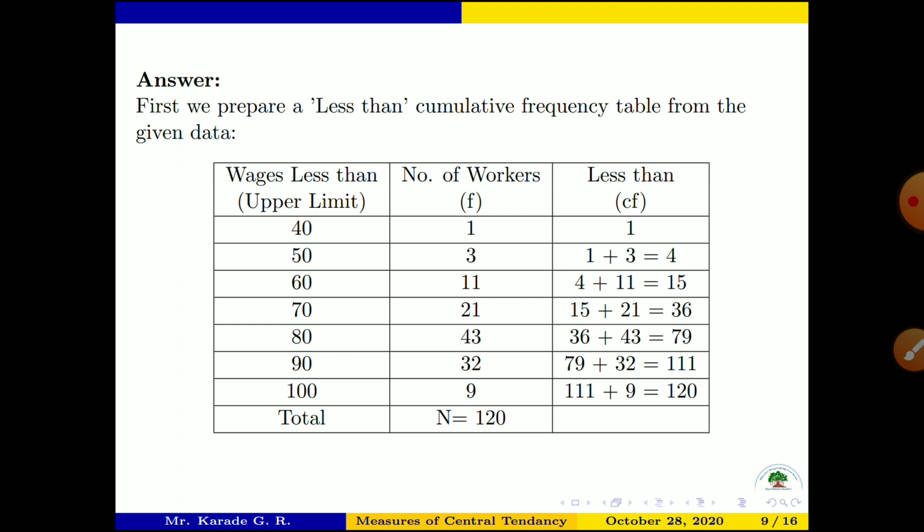So by considering these two things, minimum and maximum, we have to take a proper scale on the x-axis as well as proper scale on the y-axis also, so that all entries will appear on the x-axis and y-axis.